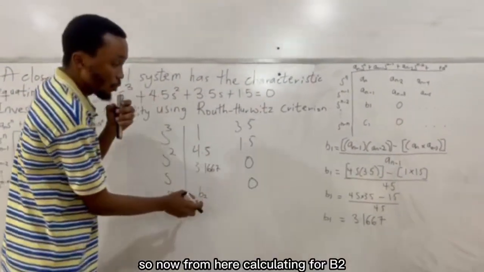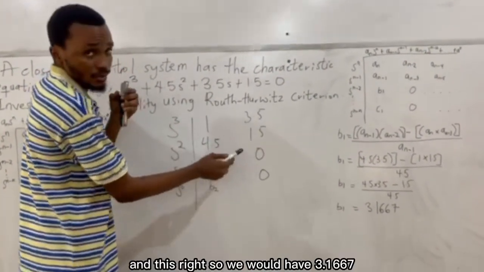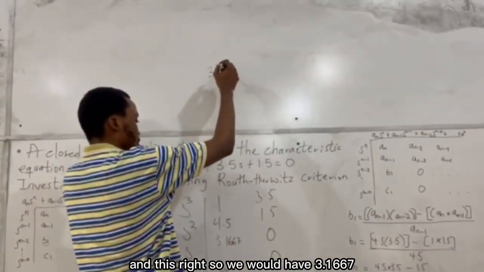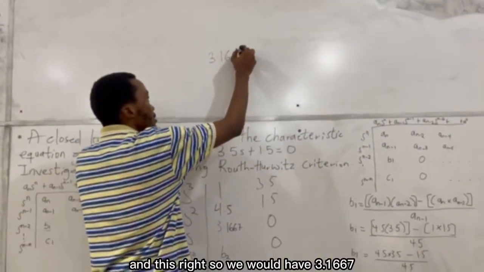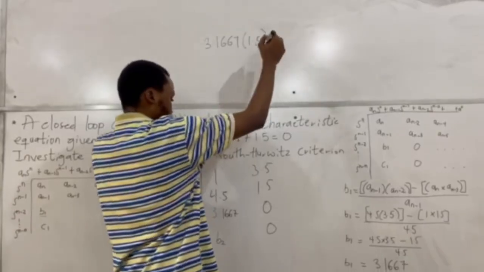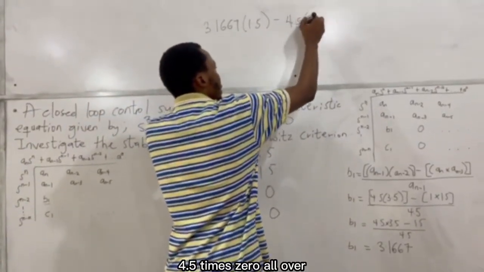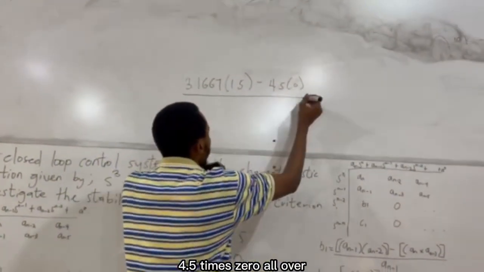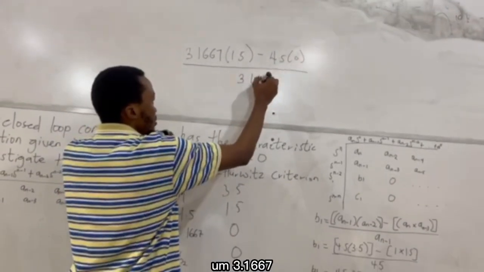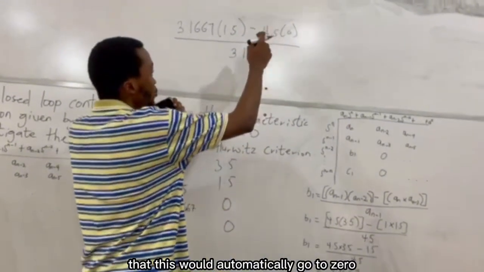Now from here, calculating for B2, we are supposed to find the determinant for this and this minus this and this, right? So we would have 3.1667 multiplying 1.5 minus 4.5 times 0 all over 3.1667. So now we can tell from here that this would automatically go to 0.